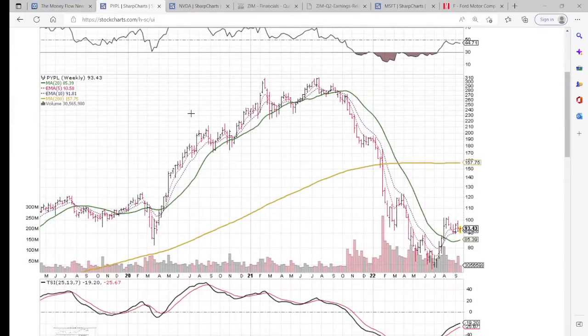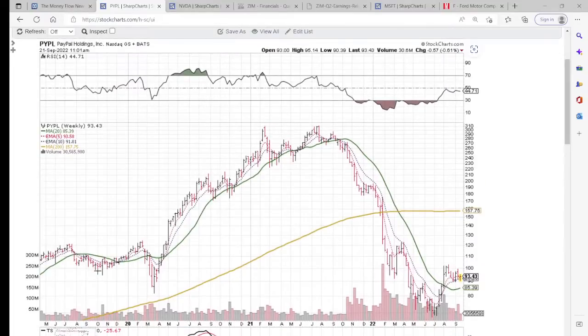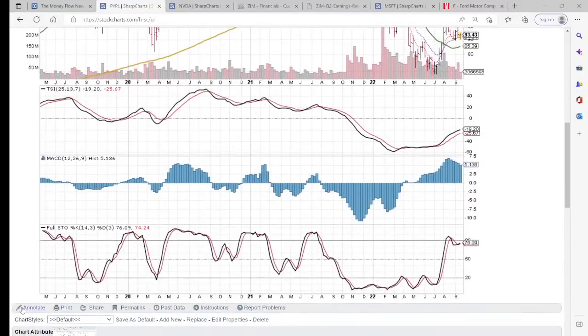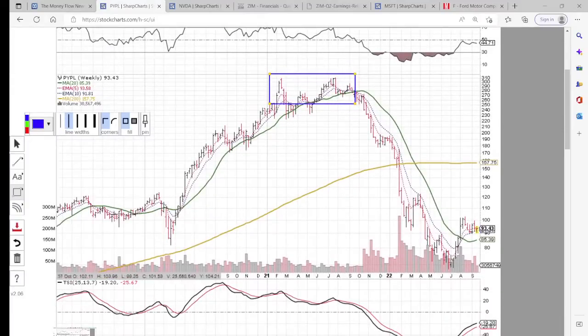Look at this pattern on the weekly chart. This is a massive money flow pattern. This is bizarre. This is PayPal. And stage one's right on there.